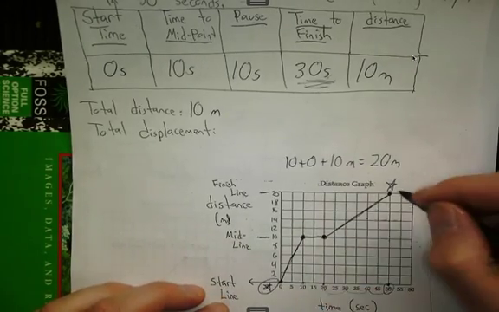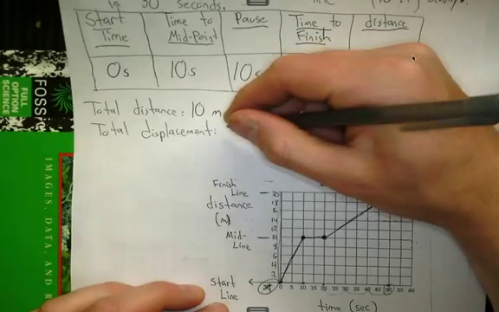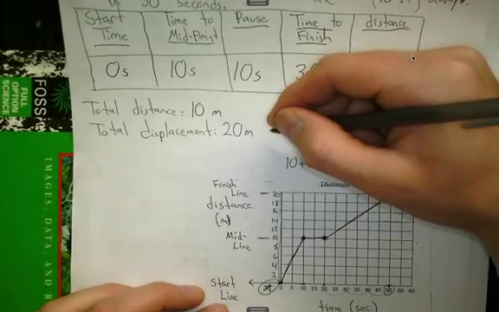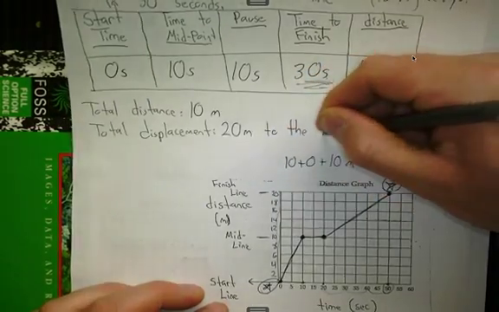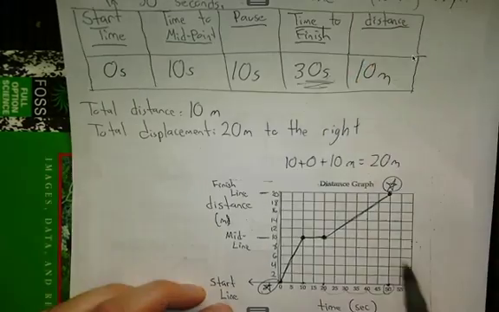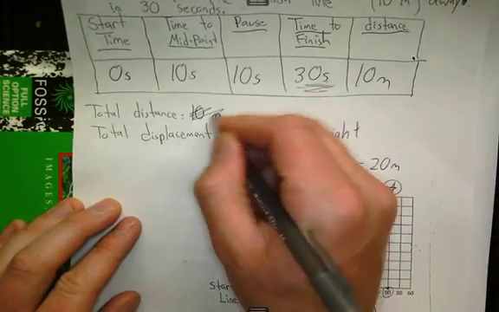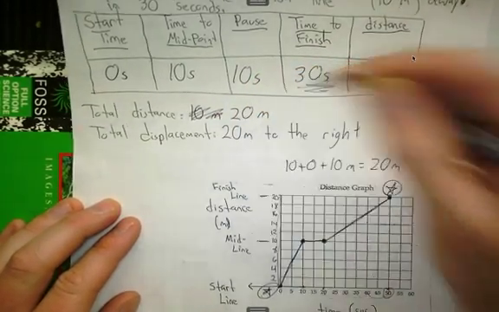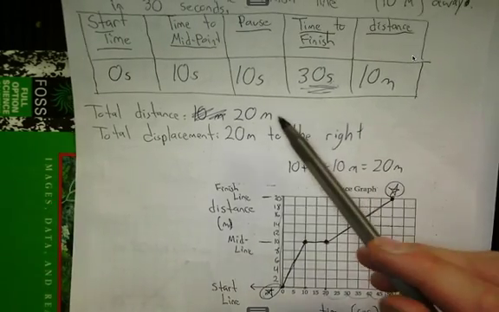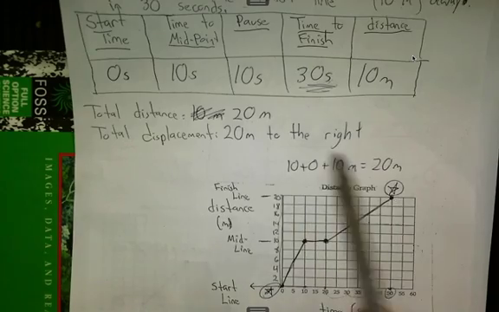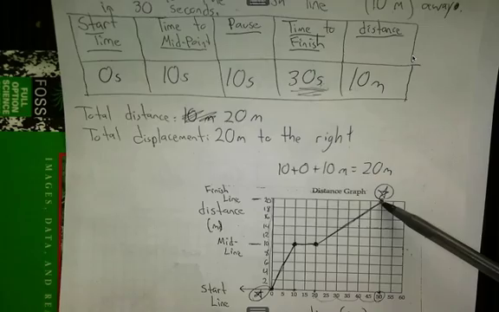Well, if he started here and he ended up here, that is a displacement of 20 meters to the right, or 20 meters away. So in this one, his displacement was 20 meters, and his distance, oops, sorry, I said the distance was 20, but I wrote 10. So his distance was 20 meters because he went 10 plus 0 plus 10 meters, giving us 20 meters. His displacement was also 20 to the right because he ended up 20 meters away from where he started.